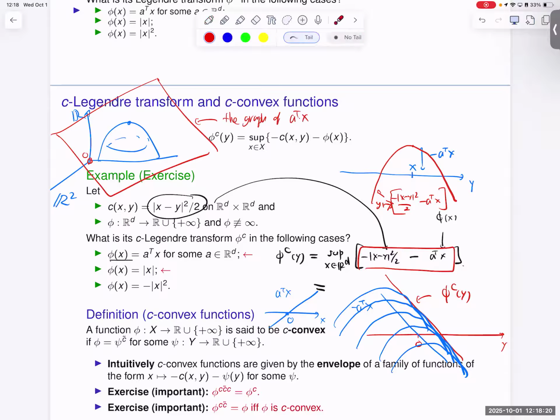Then basically you move this paraboloid where its vertex is always on this hyperplane.